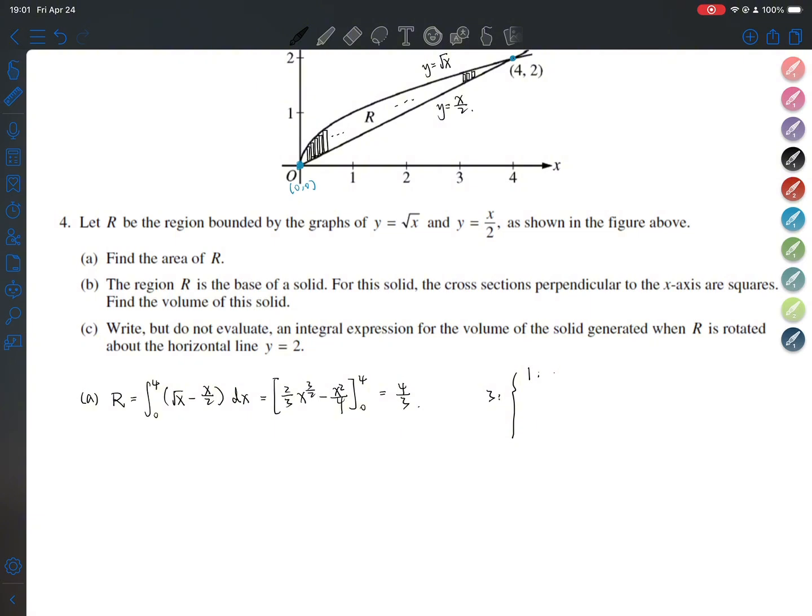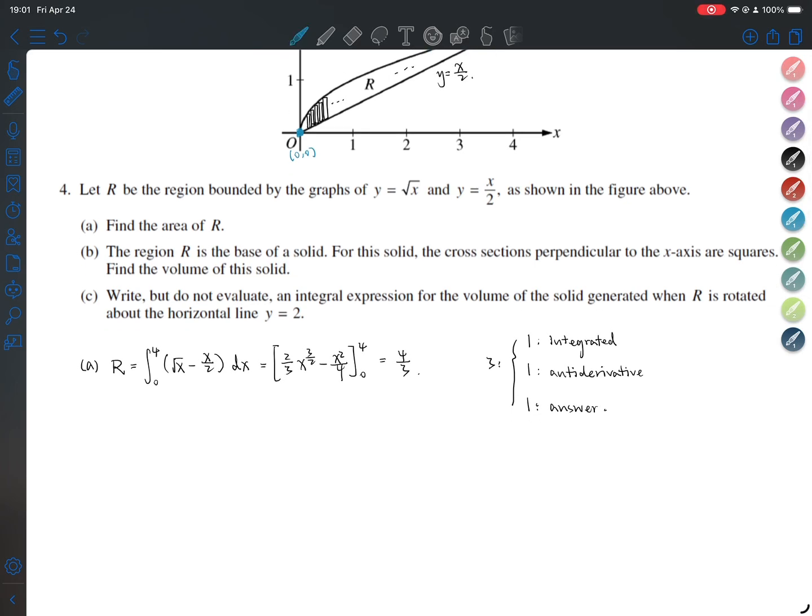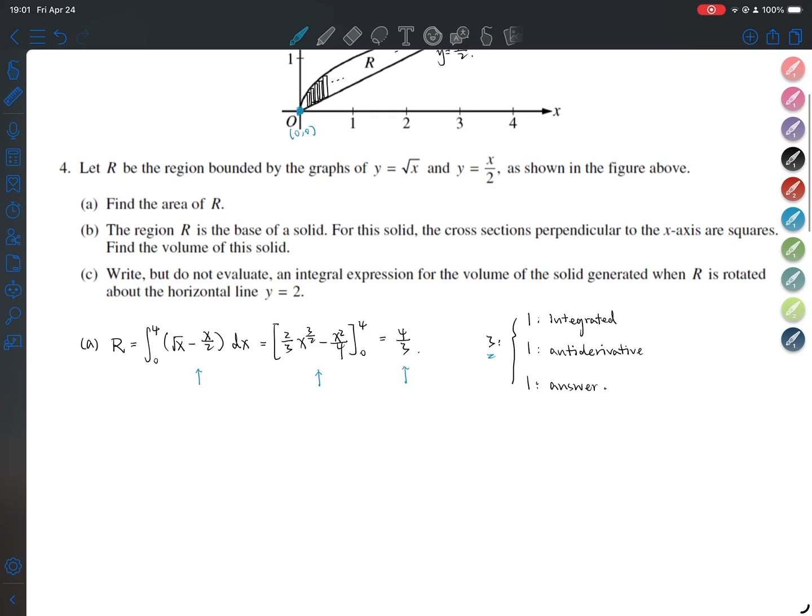The first point is for the integrand expression. And the second point is for the antiderivative. And the third point is for the final answer. So you just need these to get the 3 points.